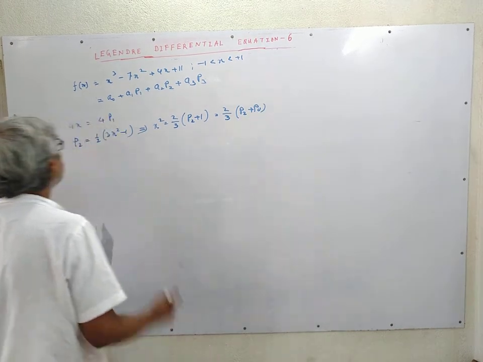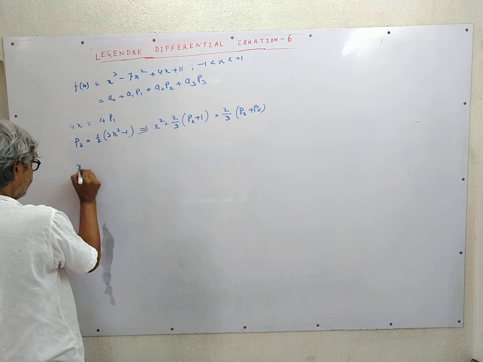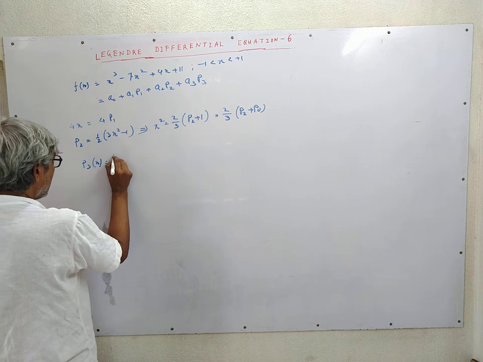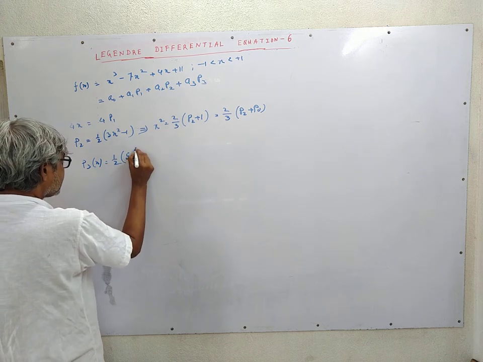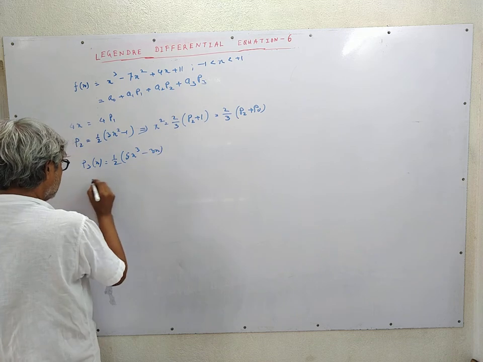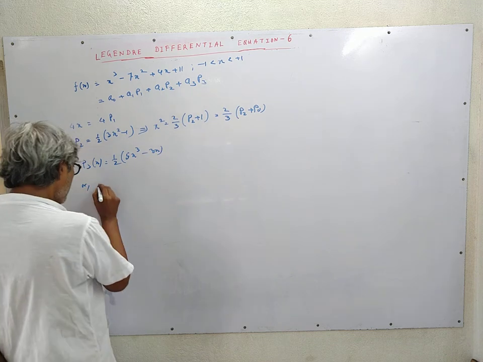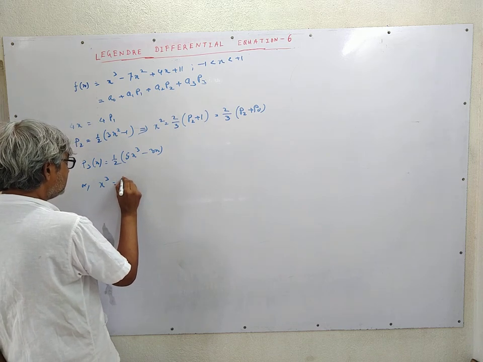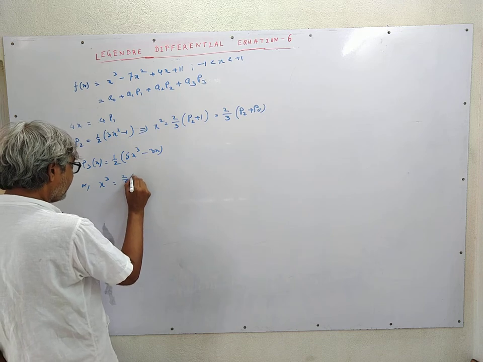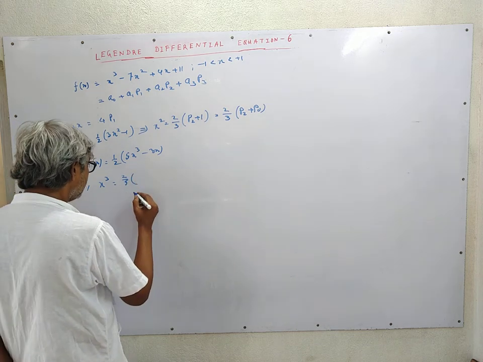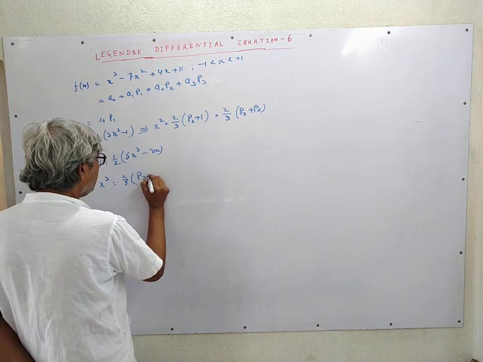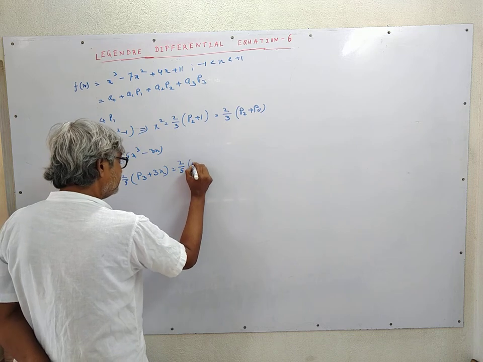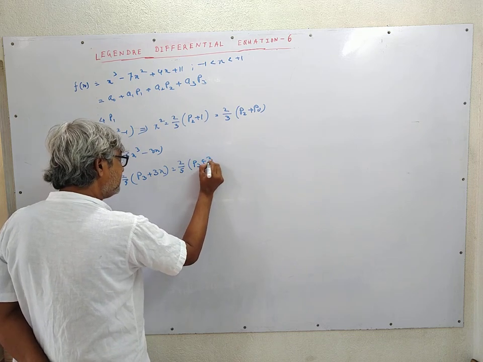And coming to this x cube term, we know that P3 of x is equal to half of 5x cube minus 3x, or x cube can be written as 2 by 5 P3 plus 3x, which can be written as 2 by 5 P3 plus 3P1.